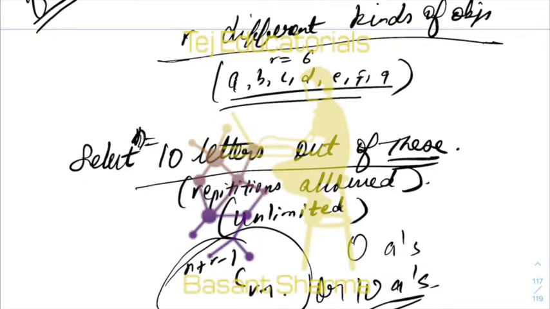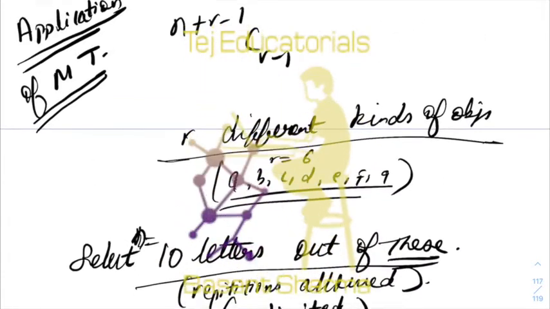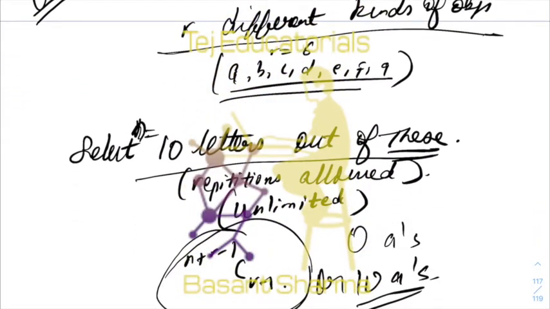Now suppose I put restrictions. The application of the multinomial theorem is that you can solve this question by the multinomial theorem also.